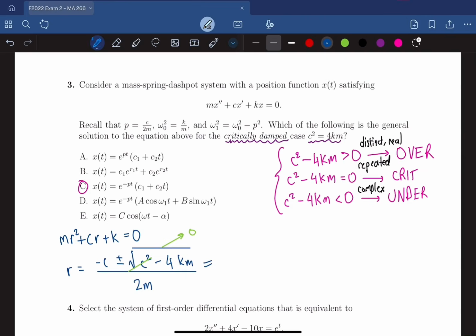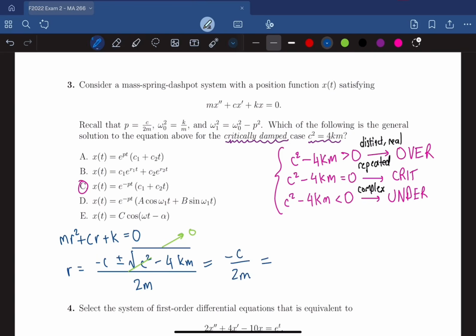If all of this equals 0, then this whole thing turns into 0, and all you're left with is negative c over 2m.